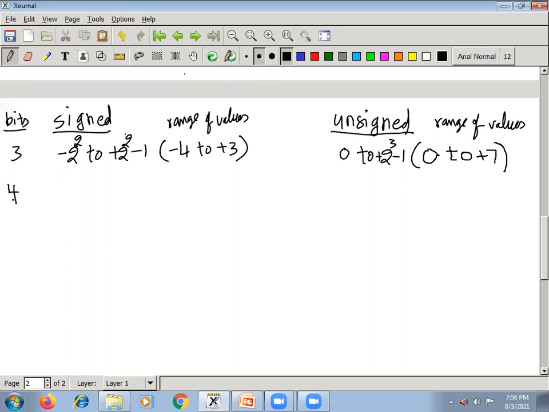When we have 4 bits, 1 bit is dedicated for sign. So the remaining 3 bits are available for storing the number. So in signed, what is the range of values we will get?